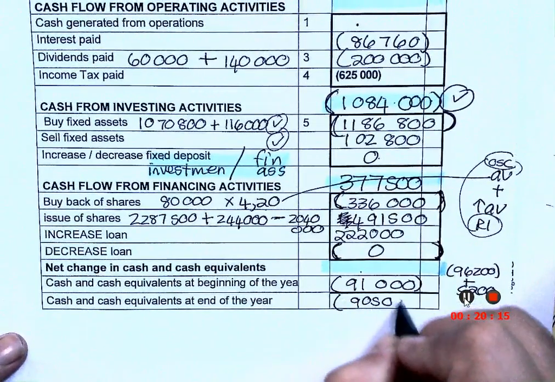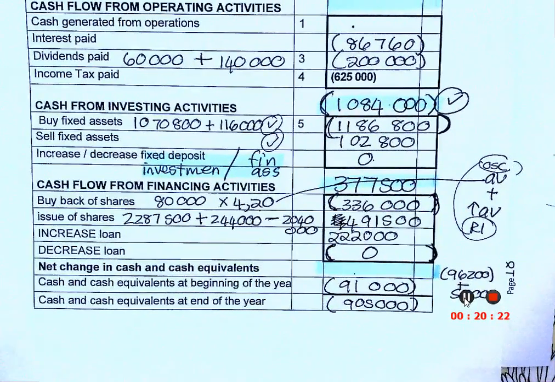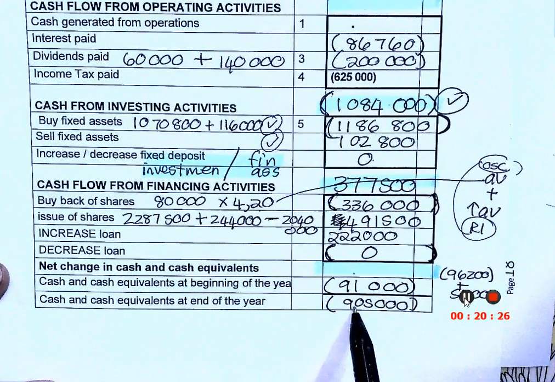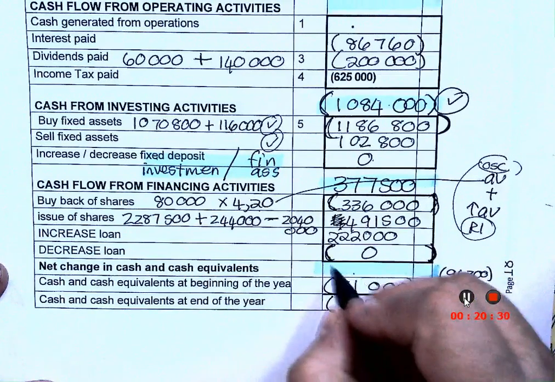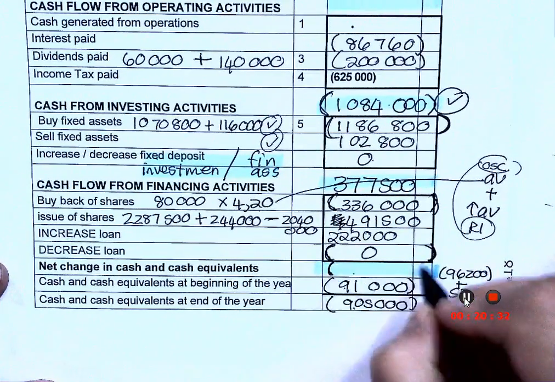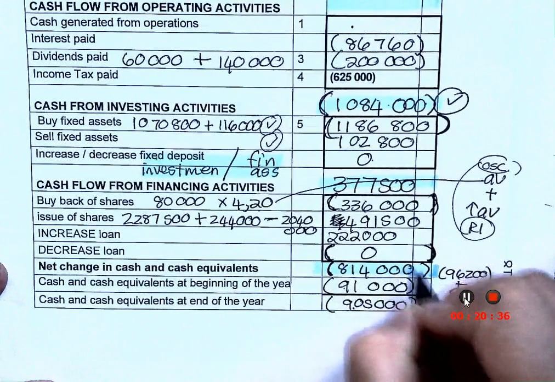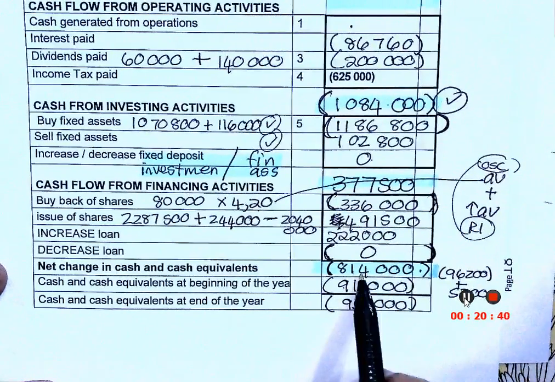Can you see this business has got cash flow problems? Yes, they can pay their stuff, but with debt. Okay, so now, minus 905 plus 91 gives me minus 814. And now, because I've got the 814, I can go and reverse.